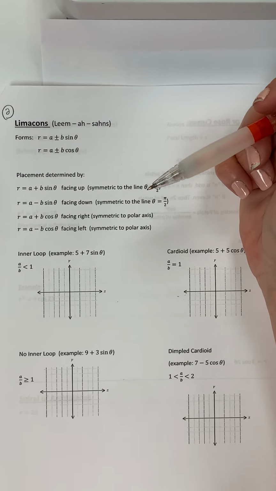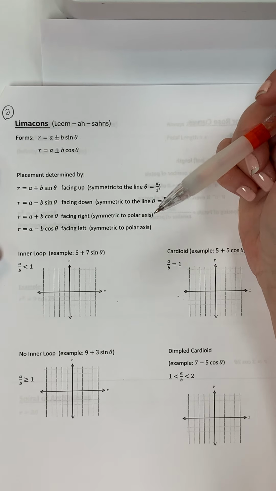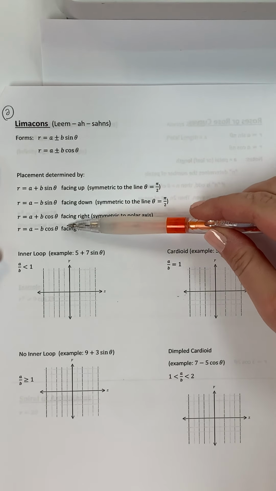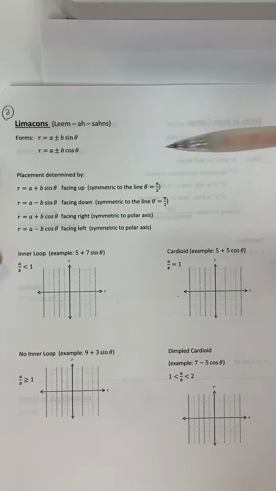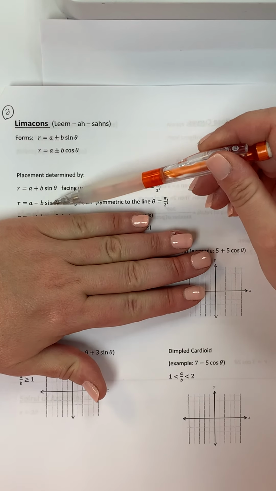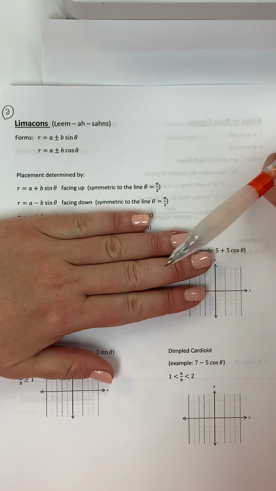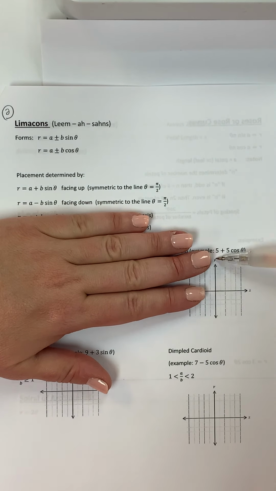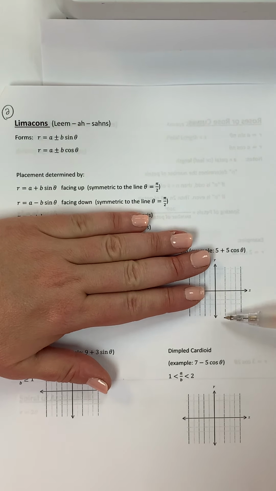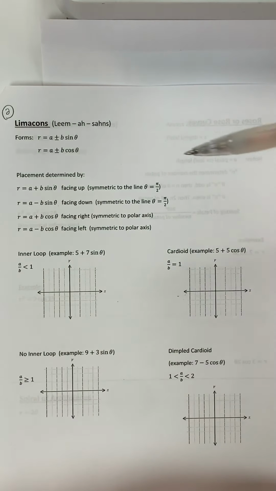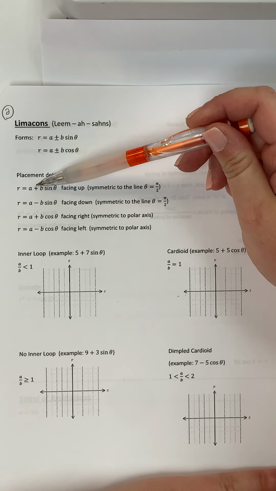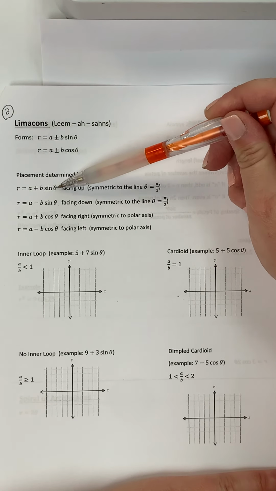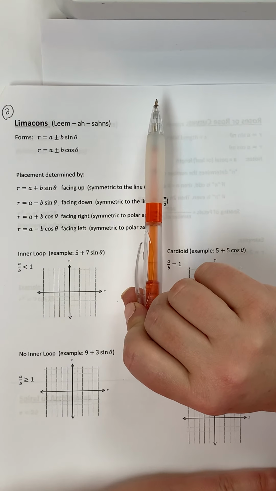That's how you know it's a limacon. Okay, now let's get into this a little deeper. All right, if we're using sine theta, then we're going to be symmetric to the x-axis, or in polar words, pi over 2. Okay, if it's a plus b sine theta, we're facing up.